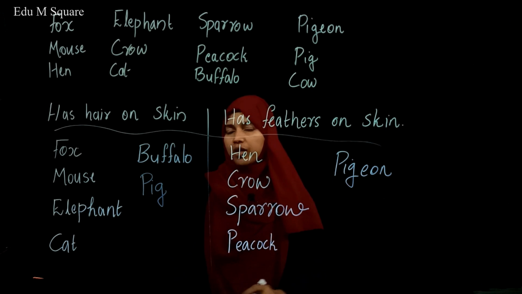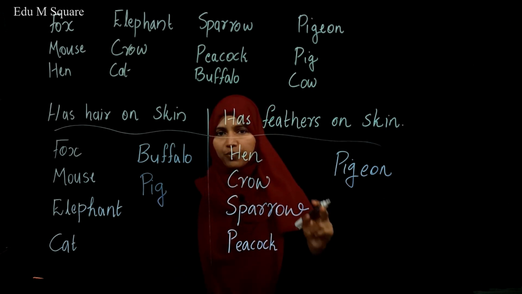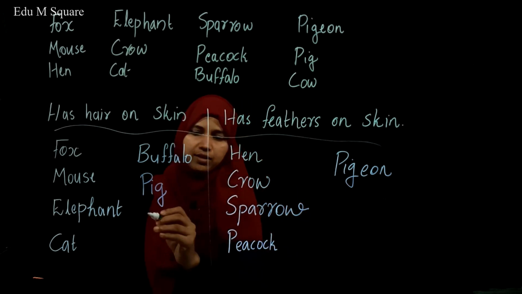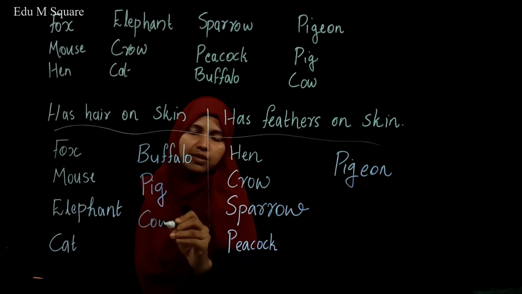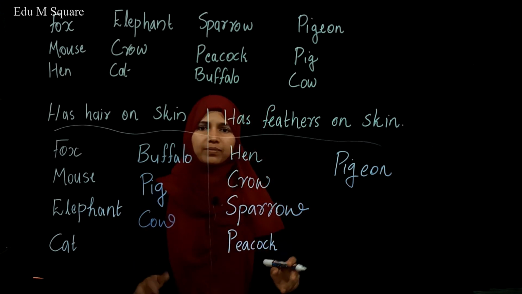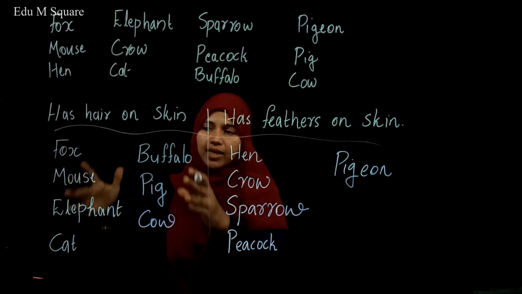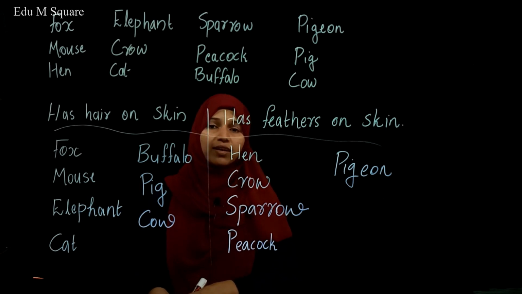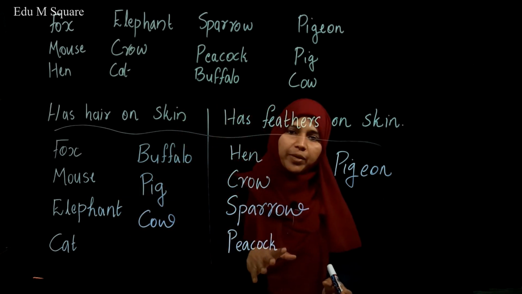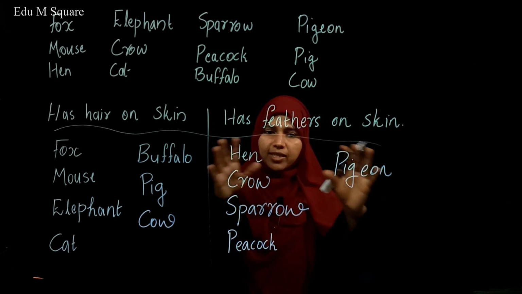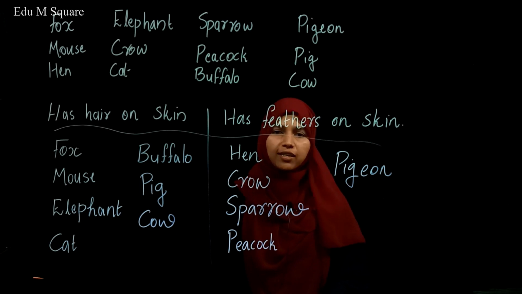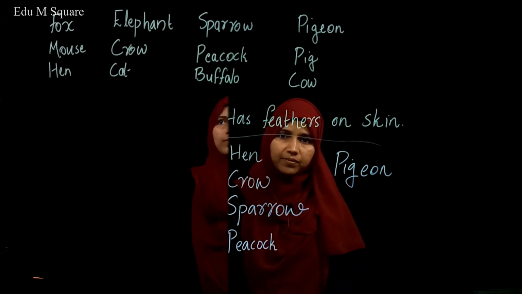Cow. If we observe the cow, we can see hair on its skin. So it comes under this column. Okay. These are the animals having hair on their skin. And what about these animals? Yes, these animals have feathers on their skin, don't they?